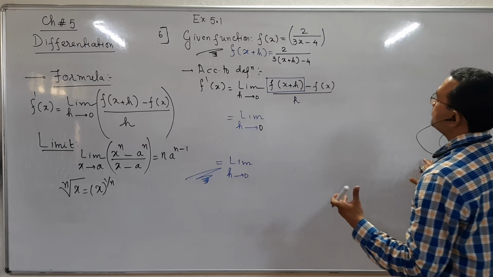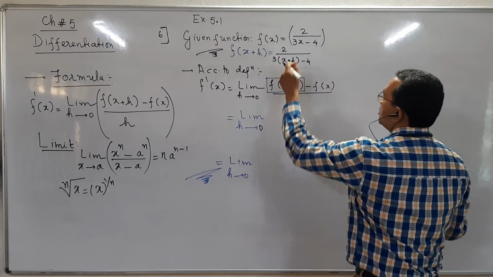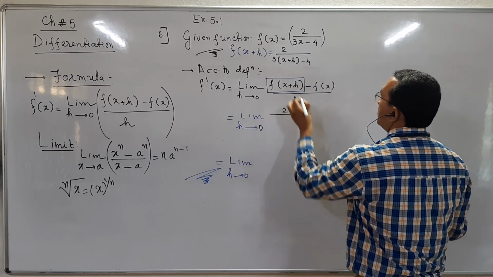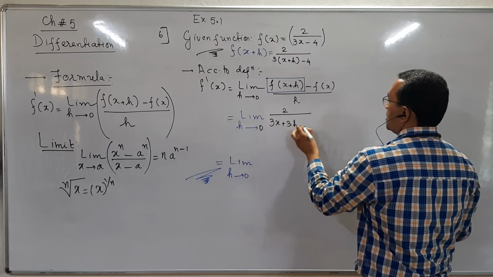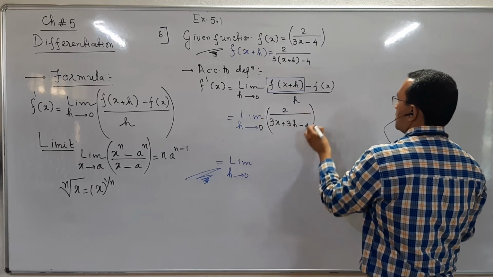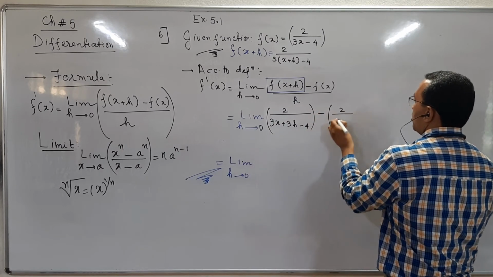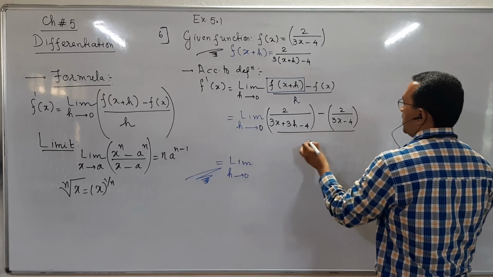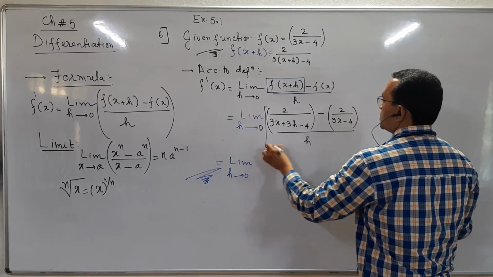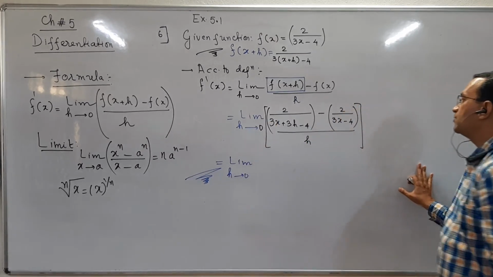Now this becomes 2 upon, if I multiply 3, what will I get? 3x plus 3h minus 4. Minus f of x, 2 upon 3x minus 4, whole divided by h. This is our repeating value.